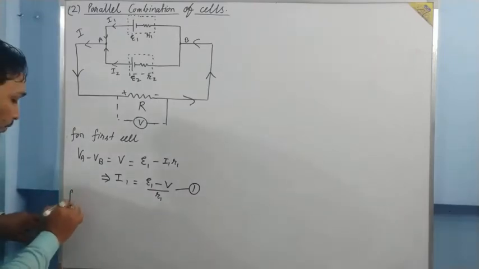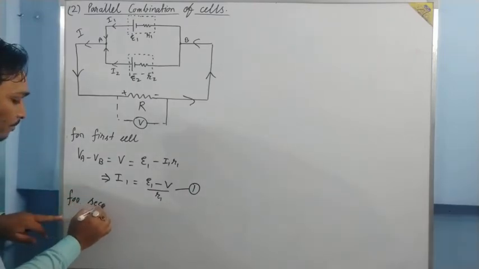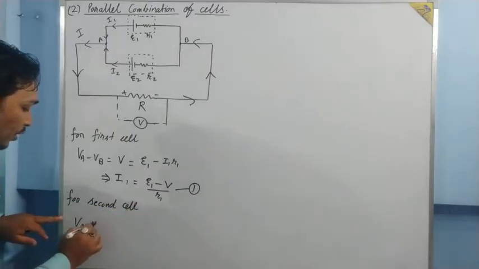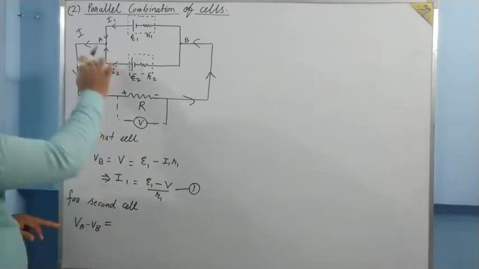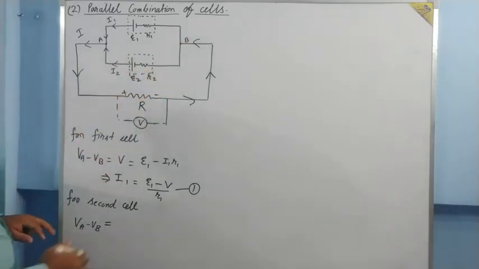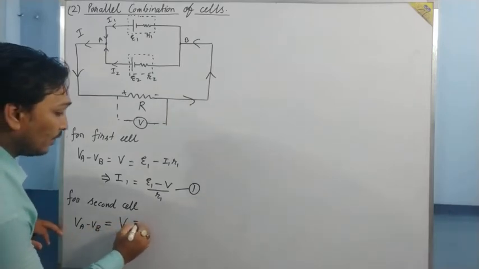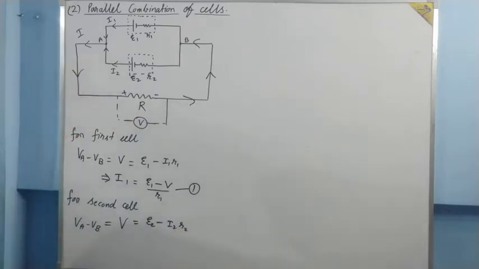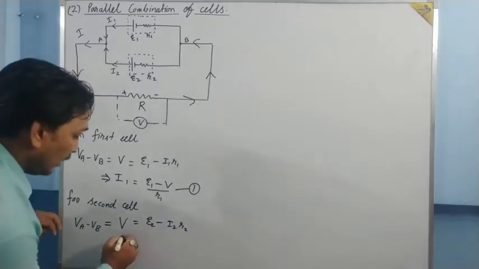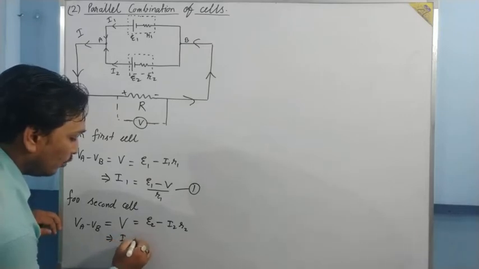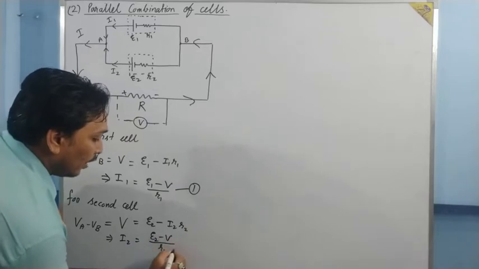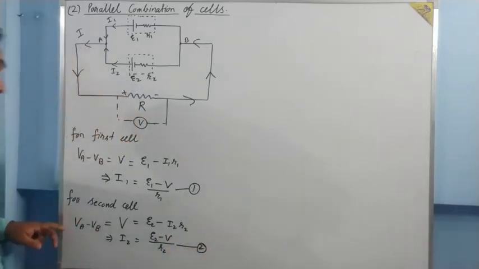For the second cell, again the same points I am going to take, because these points are also connected to the second cell. So VA minus VB is equal to V is equal to E2 minus I2 r2. And from here, if we calculate the value of I2, it will be E2 minus V upon r2, as we have done in the first case. Okay, let this be your equation number 2.